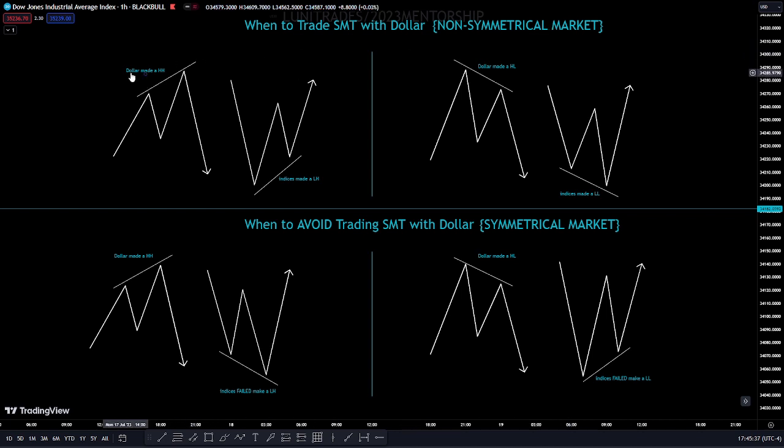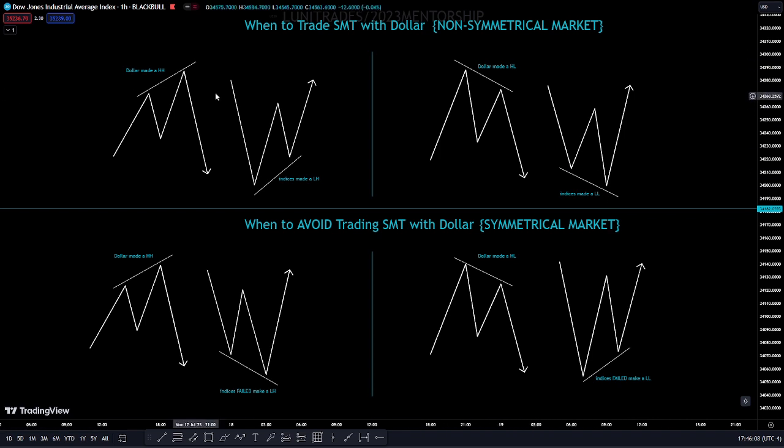Now, if you look at this, when to trade S.M.T with dollar, not a symmetrical market, as I wrote. If dollar made a higher high, you understand? You want to make sure indices made a lower high. That's a strong S.M.T signal, smart money technique signal. Now if dollar made a higher low, you want to make sure indices made a lower low.